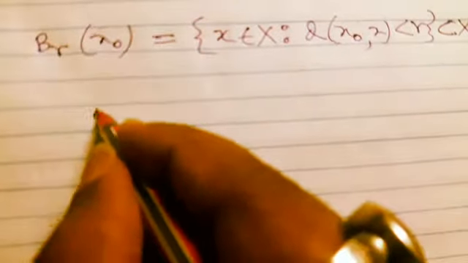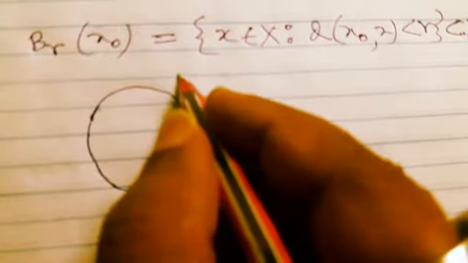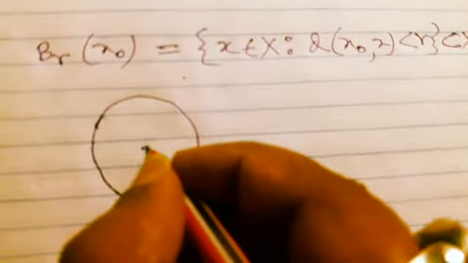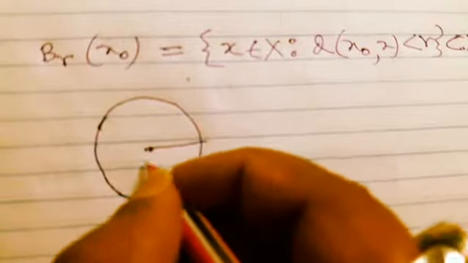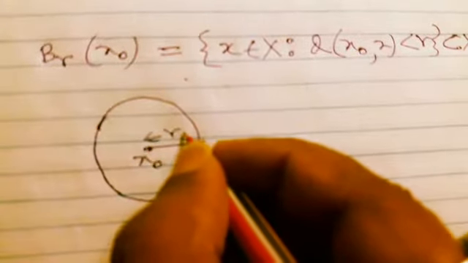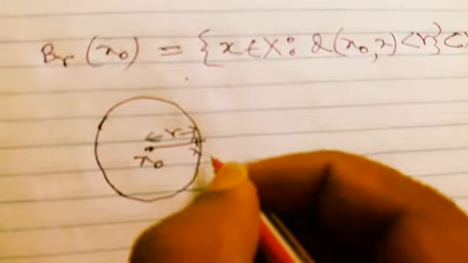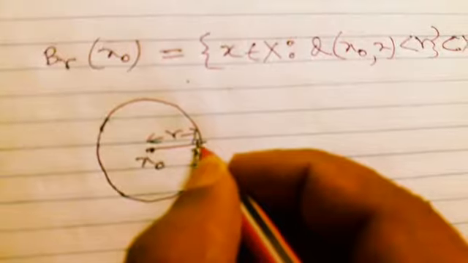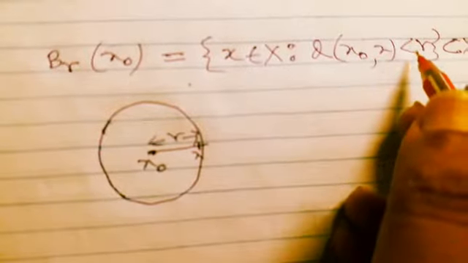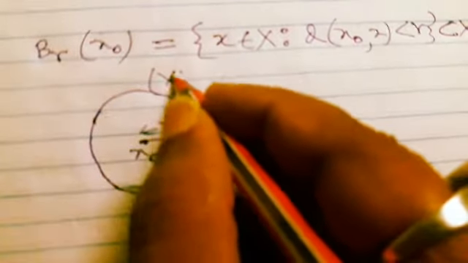That means if X is the entire space where a metric d is defined, and x0 is any point, and r is the radius, and we find any point x just inside the boundary, and we define it like this, this is a proper subset of X because X is defined here with the metric d.